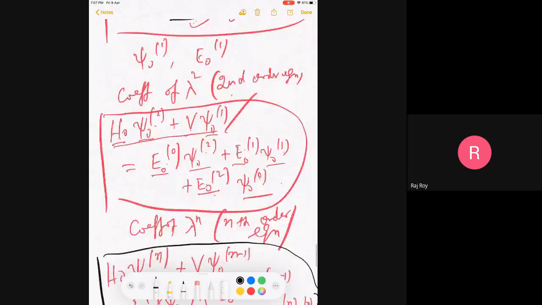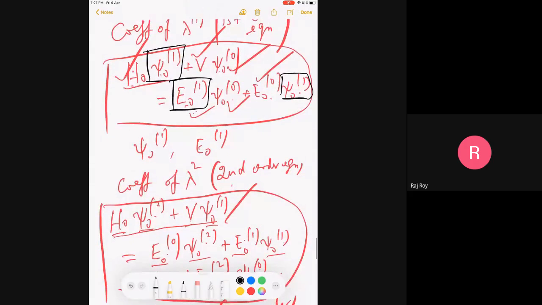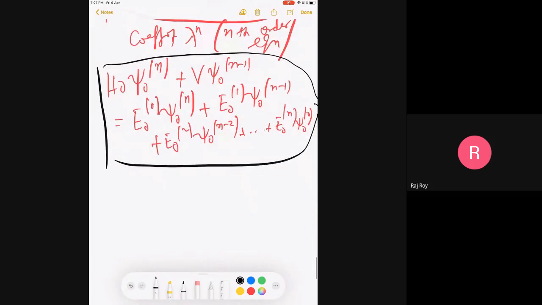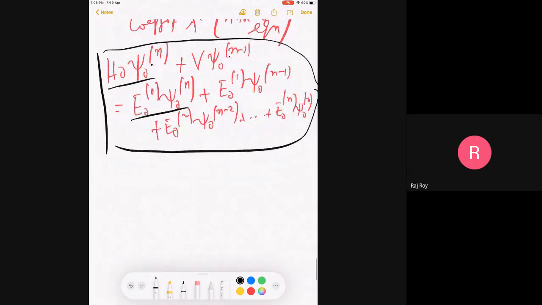I can rewrite the first order, second order, nth order equation by bringing everything on the left hand side. I will only write the nth order equation directly. How do I bring it to the left hand side? This and these are terms which have one thing common, psi 0n. This is psi 0n minus 1. So I'm going to write this in the following manner. H naught minus E0, 0, psi 0n. Please see this very carefully.